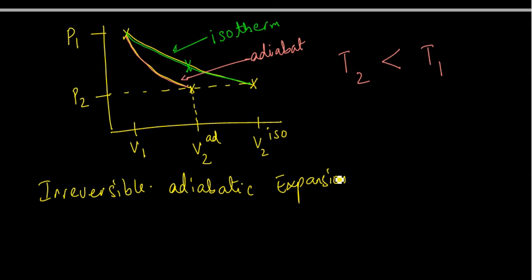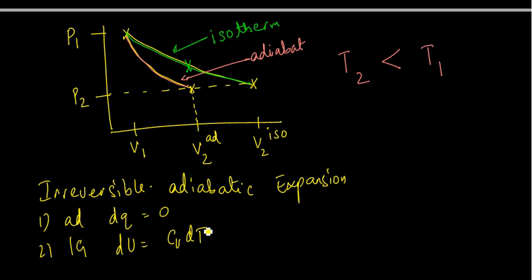So what's the information at hand? Okay, it's still adiabatic, so Q or dQ is 0. It's ideal gas, so dU is still Cv dT, right? And PV is equal to RT still holds true.